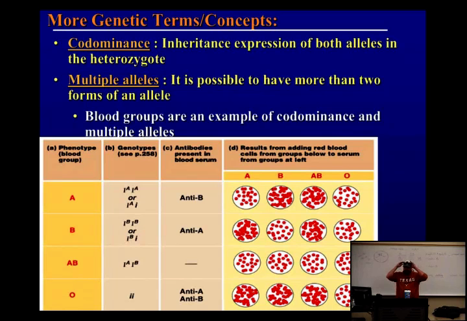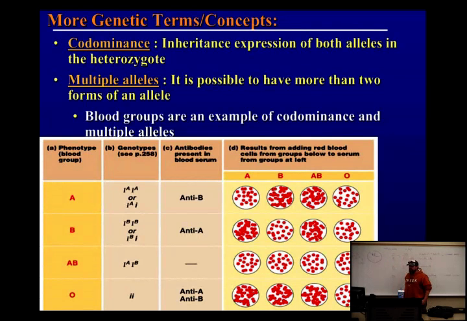Does that make sense? So this is an example of multiple alleles because we have more than 2. We've only been talking about 2, right? Round, wrinkled, yellow, green, purple, white. Now we threw another one in the mix. And if you do hair color, you could have a red allele, blonde allele, brown allele, black allele.